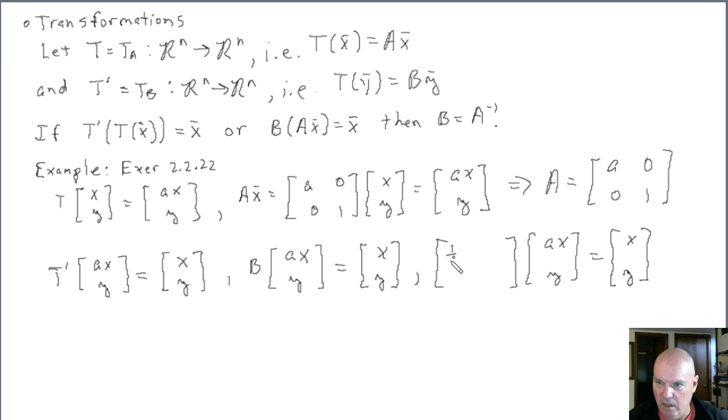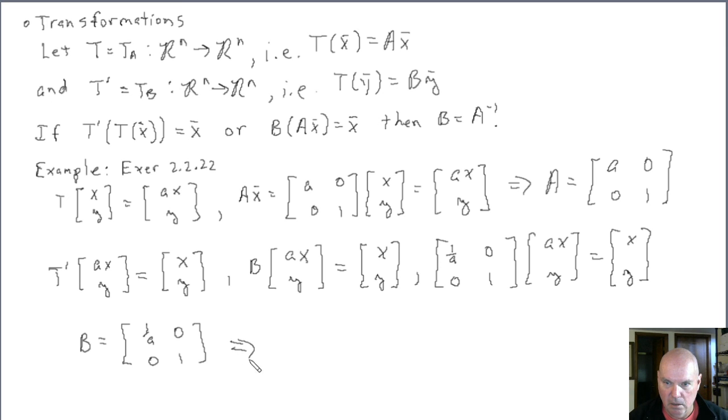And if we make this element 1 over a and 0, 1 over a times ax is going to give us x, plus 0 times y, that gives us x. And then in this bottom row, we would need a 0 here and a 1. 0 times ax plus y would give us y. We'll see that the corresponding matrix of the inverse transformation is [1/a, 0; 0, 1].